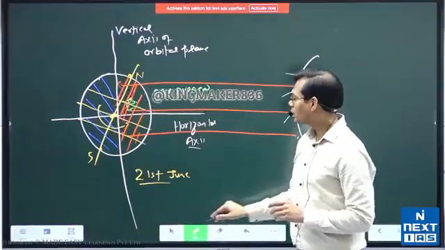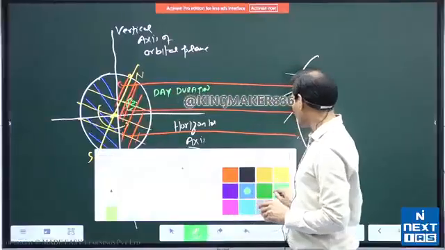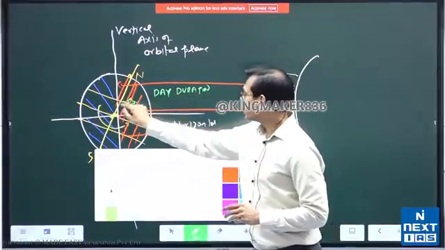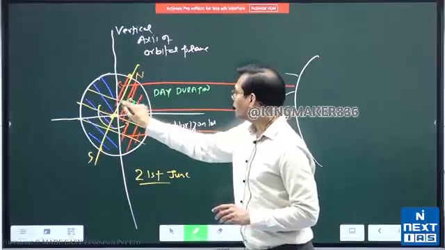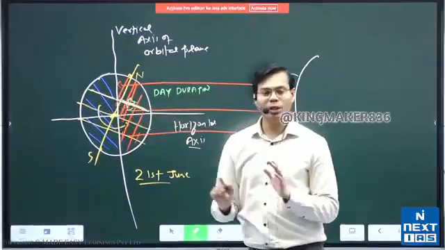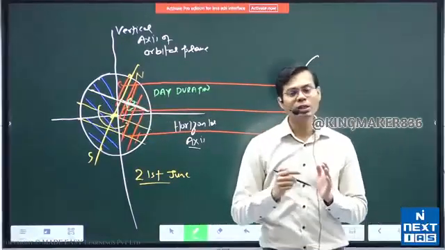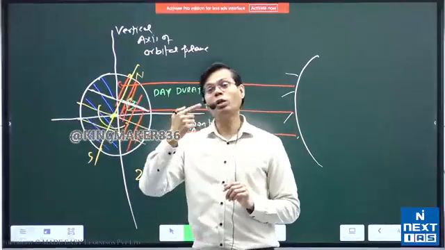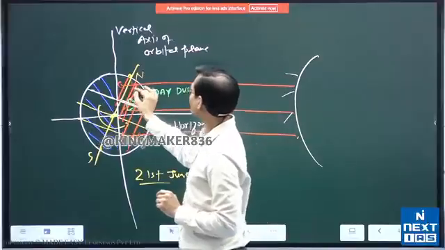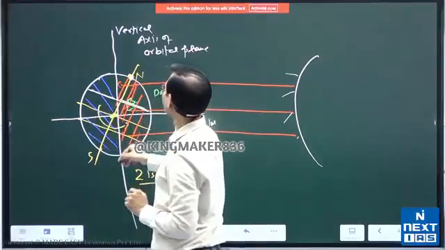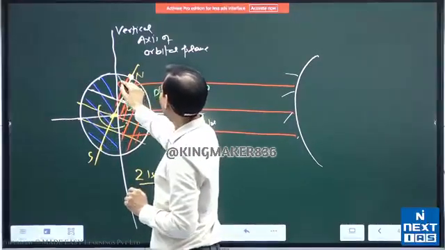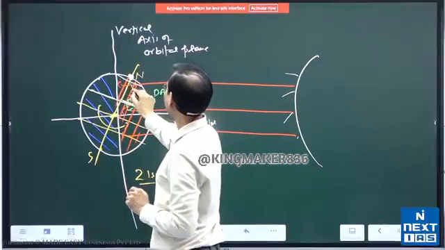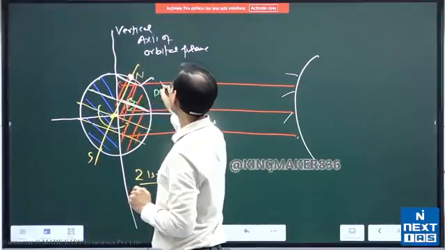Now just imagine that in 24 hours, is there more day for India or more night for India? More day. So the day is long. But if you imagine the polar area, suppose you are here, that is the North Pole. This circle is which circle?